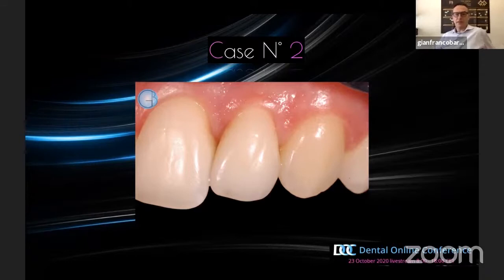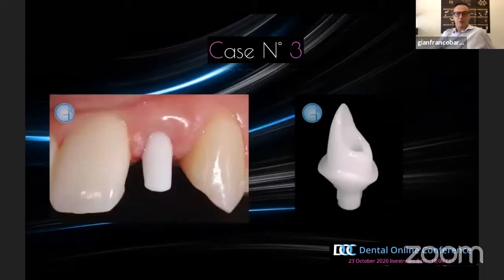Of course, color and shape are really important, even without color, the shape.